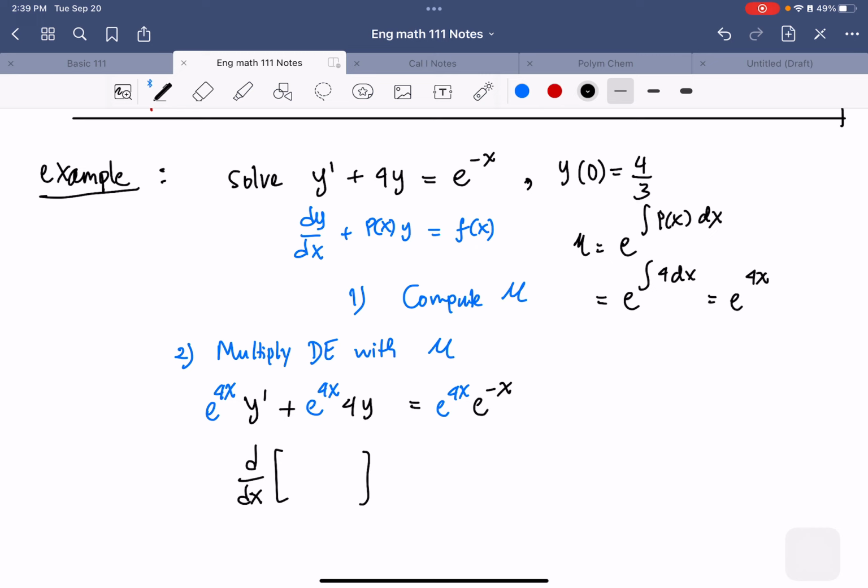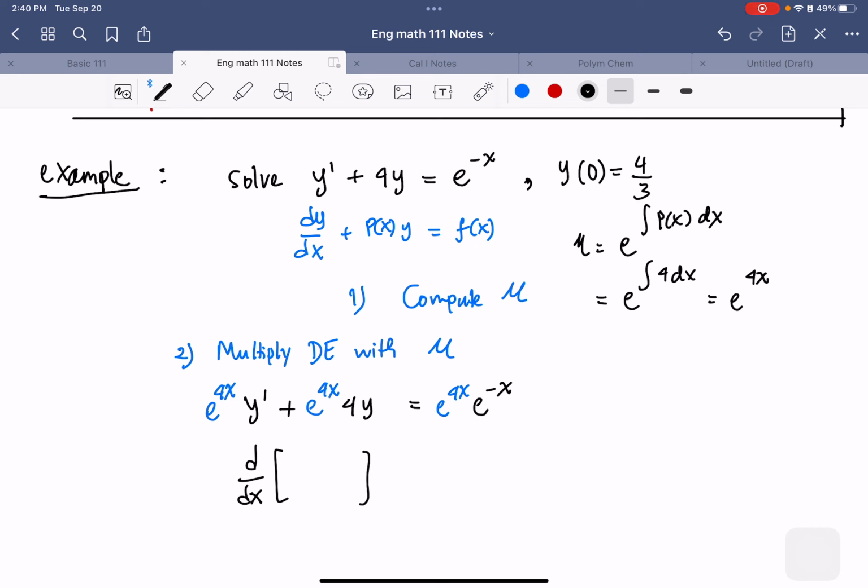Of course, you will have e with power of 4x, and if you differentiate this, we will have a 4, which is the 4 here, right? So you can see the correlation. This 4 came from here. This y prime came from this y, which you differentiate to get y prime.